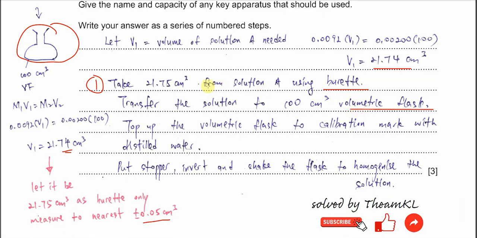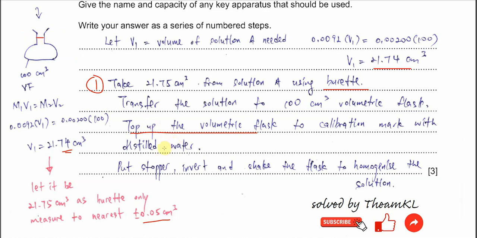After we transfer 21.75 cm³ of solution A into the VF, we then need to top up the flask, and it must be topped up to the calibration mark. Normally in the VF there will be one mark, so you need to add water until it reaches this calibration mark.